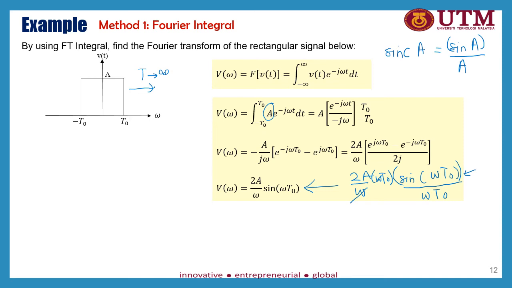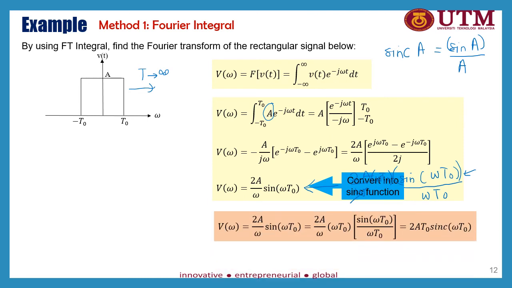So the Fourier transform of the rectangular signal is equal to 2A t0 times sinc(omega t0). This equation is already in sinc form. Since you introduced this, you need to multiply with the same function.